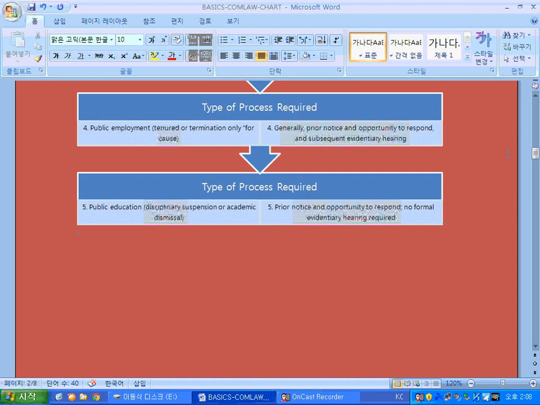This kind of issue has to be addressed through a process having a prior notice and opportunity to respond. No formal evidentiary hearing is required.